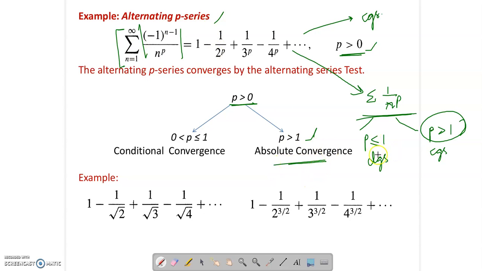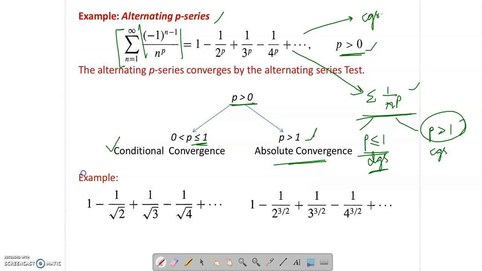And when p is less than 1, the series of absolute values turns out to be divergent. It means that when p is less than or equal to 1, this original alternating p series is conditionally convergent. So for p lying between 0 and 1, 1 included, the alternating p series is conditionally convergent, and for p greater than 1, the alternating p series is absolutely convergent.